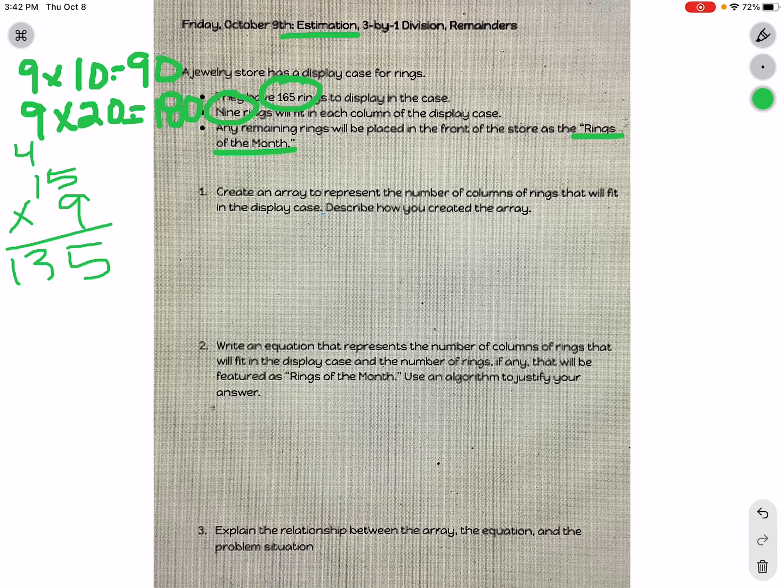Well, I'm going to go ahead and create, we're going to make this gold because these are rings. They're gold rings, presumably. So we're going to go ahead and make 15 columns.